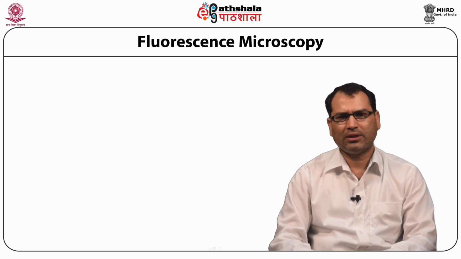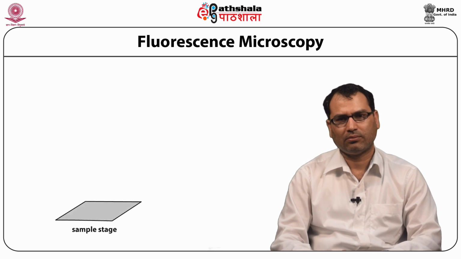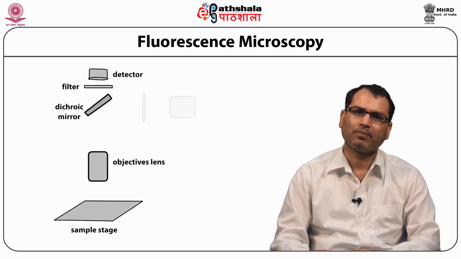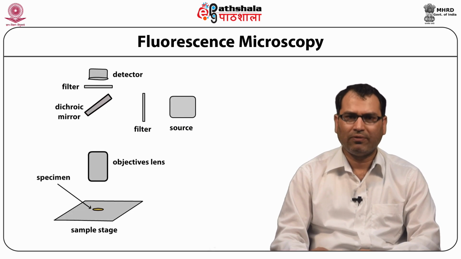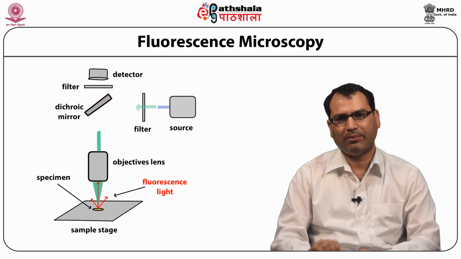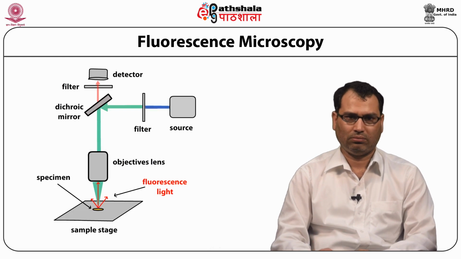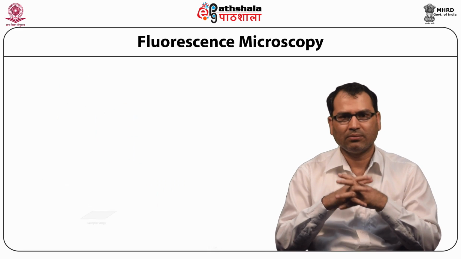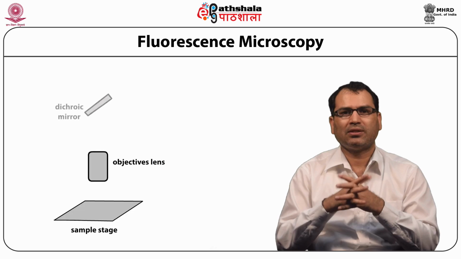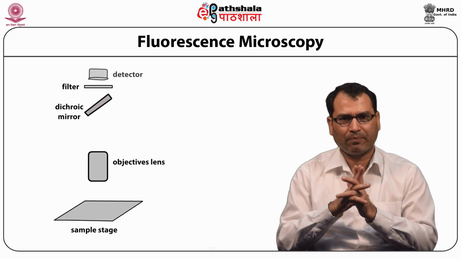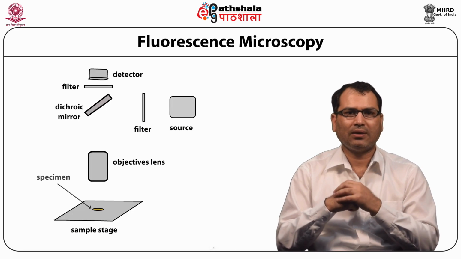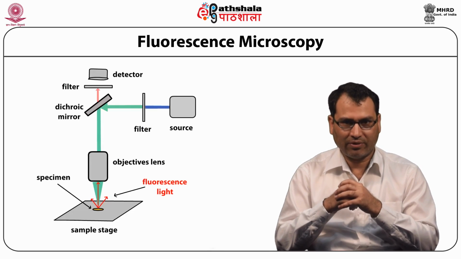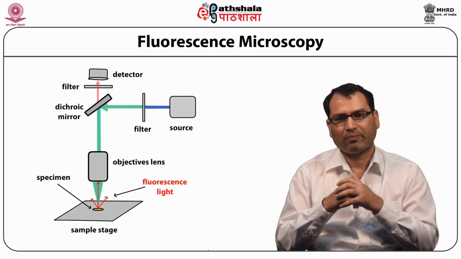Let's discuss fluorescence microscopy. What is fluorescence microscopy? As the name suggests, the fluorescence emitted by the sample is used to image the sample. So what happens here? Light from a source excites the sample, and in most cases the source is a laser, and the fluorescence from the sample, at a wavelength different from the excitation wavelength, is collected for imaging.